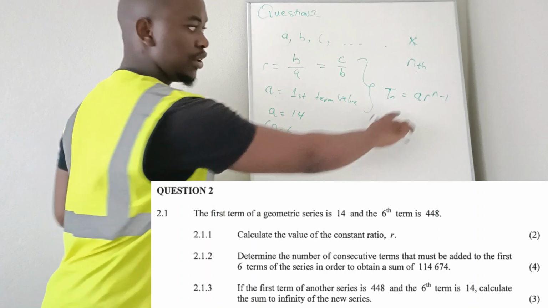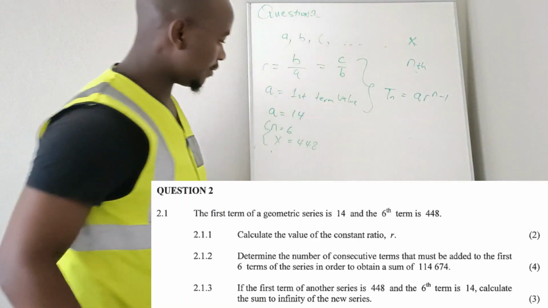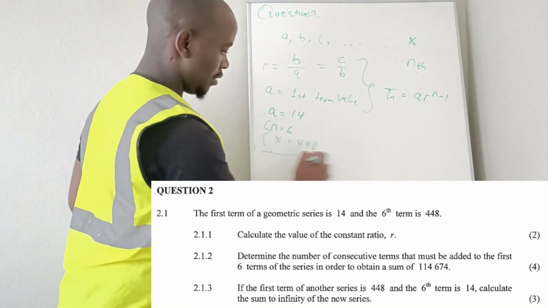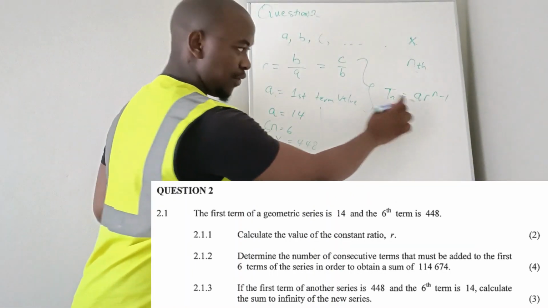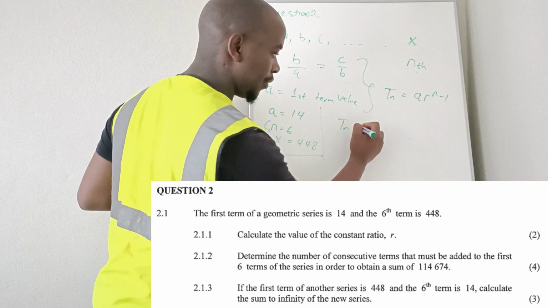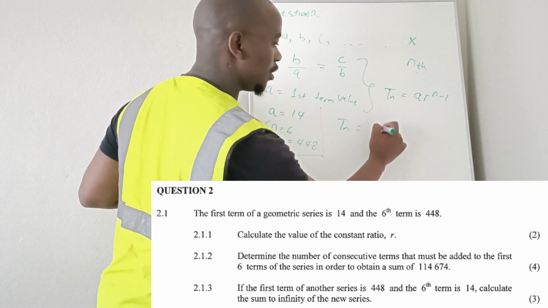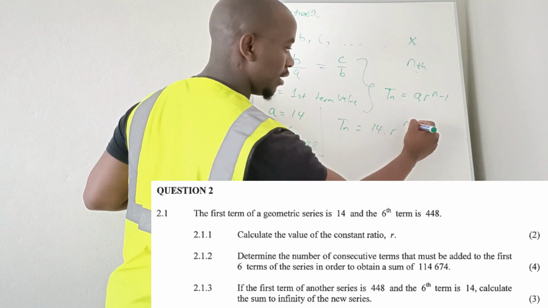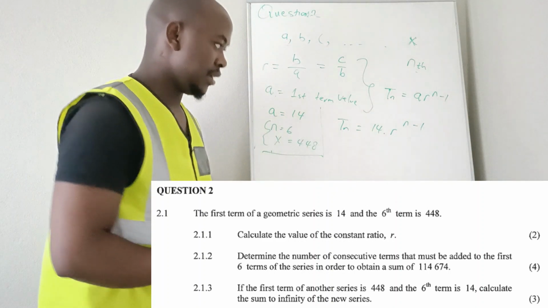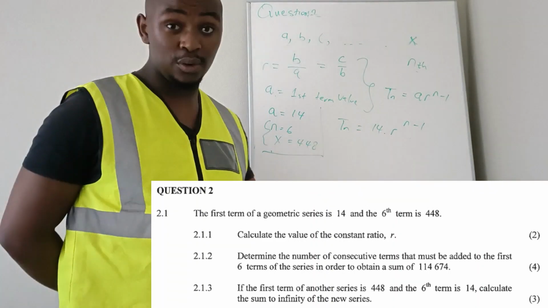So like I told you, this is what describes the geometric series. So how can we find that equation? Tn is equal to 14 times the ratio r to the power n minus 1. So how can we find the value of r?